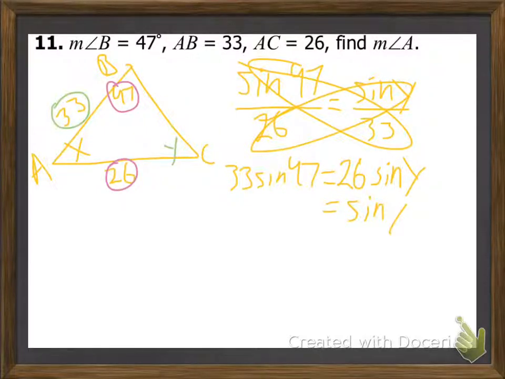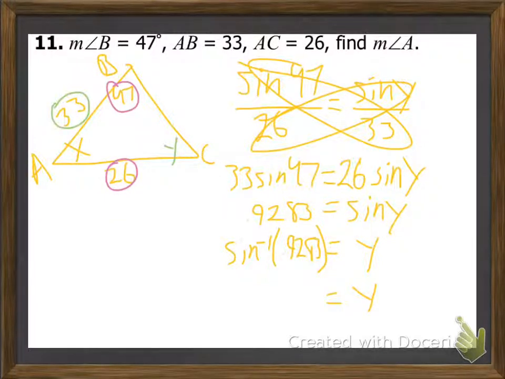Sine of y is going to be by itself when you do all of your multiplication and division, and you're going to end up getting 0.9283, and then do inverse sine of 0.9283, and when you do that, you're going to end up getting y is equal to 68.2.